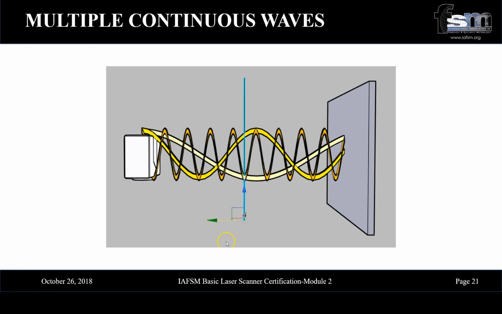Okay, so if I were to send out just one wave, I'm limited by that one particular wave, and so ambiguity can be resolved by using multiple continuous waves. In this graphic that I'll play here, it doesn't matter if these are all the waves that are either being emitted or coming back.